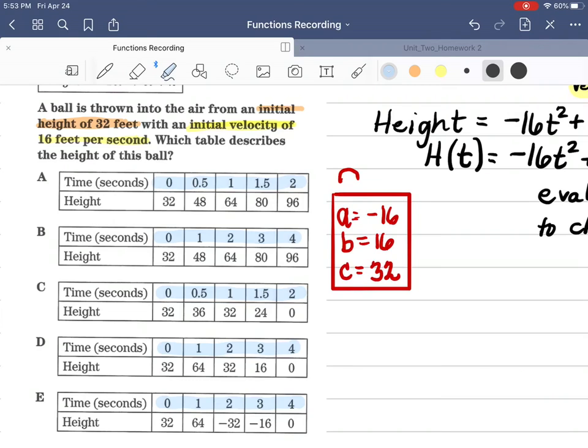I can do that. I could list every one of those input values that's not duplicated, but that's going to be a lot of them. Let's look at all of those that we would have to do. We would have to put a 0, a half, a 1, a 1.5, a 2, a 3, a 4, and that looks like all of them.